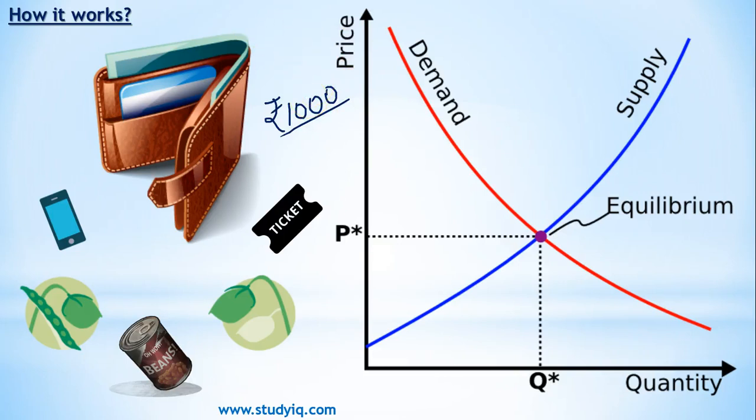Now all of a sudden, as we are discussing these things about demand and supply, your parents come to you and tell you that we have decided to increase this monthly pocket money of yours, and we have decided to raise it 10 times and make it 10,000 rupees. Imagine that from 1,000, you are getting 10,000.